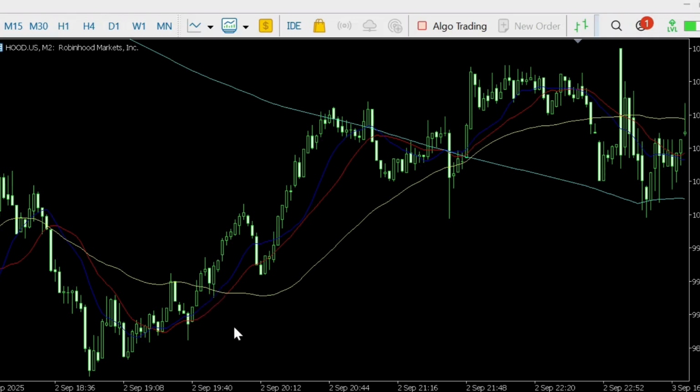As I told you earlier, these moving averages, especially the 13, the 20, and the 50, are trend-following moving averages. In other words, they move with the trend. So when this point was reached, I immediately knew that it's a buy trade.